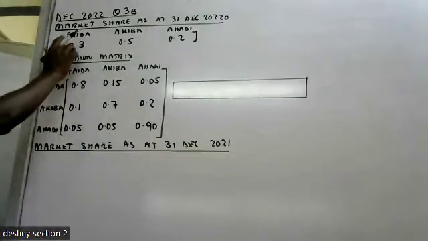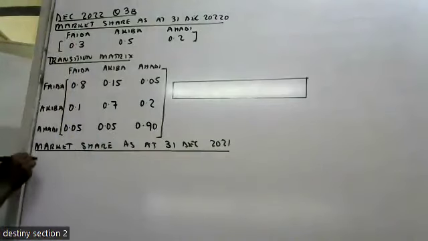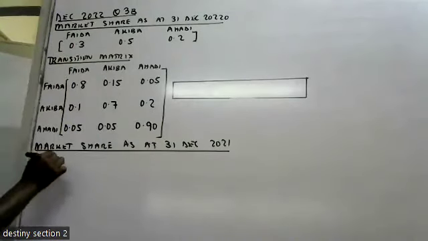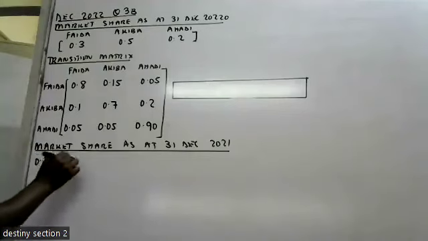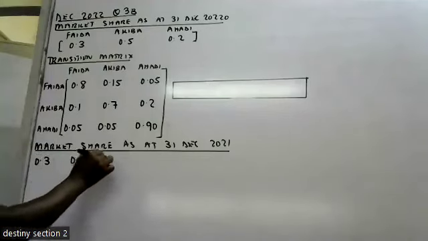You take the current state here, December 2020, which is 0.3, 0.5, and 0.2.